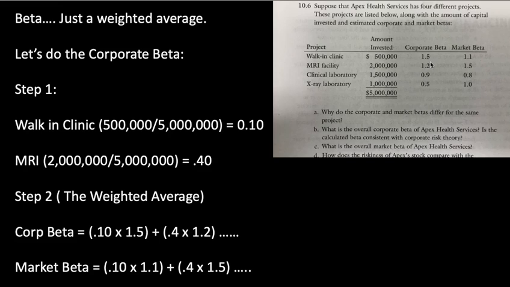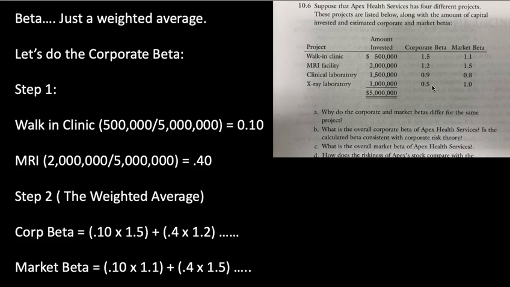So it'd be 50% higher than the overall returns of the company. And like the X-ray lab, the corporate beta is a 0.5. So let's say the corporation did 20% as a whole. We would expect the X-ray lab to do what? Half of that, right? That's 10%. So that's how they are predicted to work together, or in comparison to the overall corporate beta.